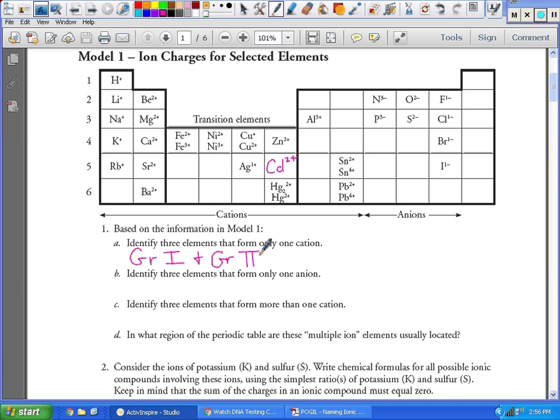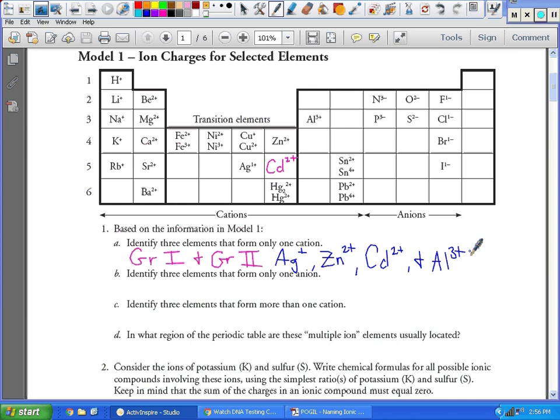Because do you agree that all group 1s and all group 2s have one state, one charge? Okay. And then I'm also going to include this. Again, if you want to include those three, that's perfectly fine. But all group 1s, group 2s, silver, zinc, cadmium, and aluminum, those are only going to have one charge.